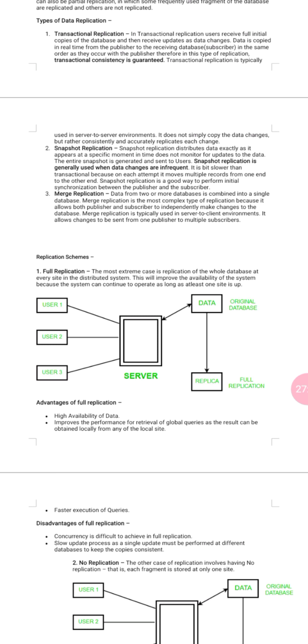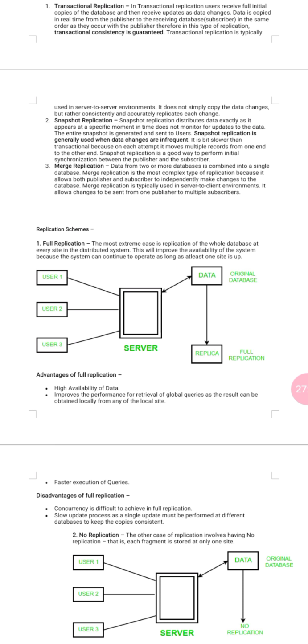Therefore, transactional consistency is guaranteed, right? It is used in a server-to-server environment and does not simply copy the data changes but rather consistently and accurately replicates each change. Clear?